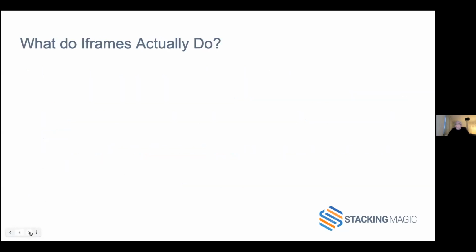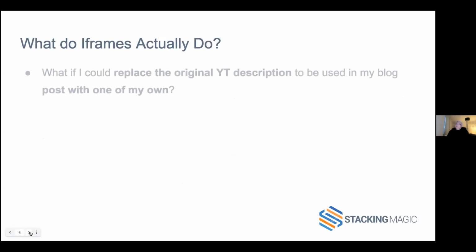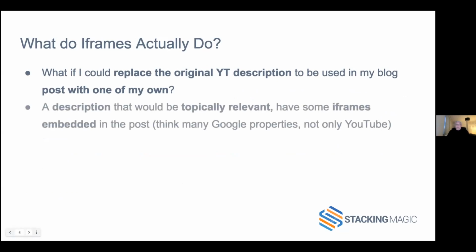What if I could replace the original YouTube description in the original YouTube video with a post of my own, one that was topically relevant to the YouTube video and to the content of the blog, and have multiple iframes, like 2 or 3 different iframes, embedded in.